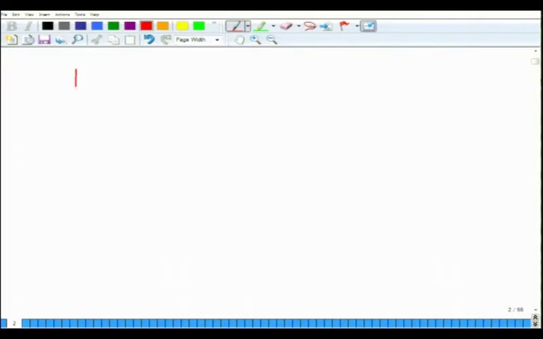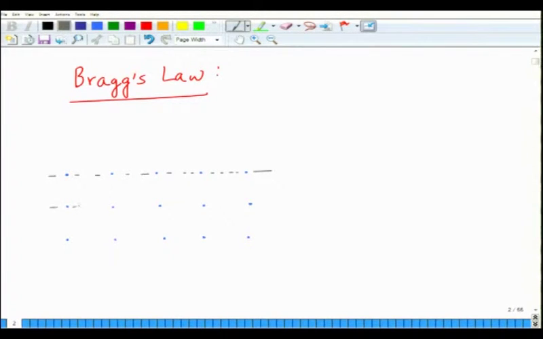So, we begin with Bragg's law. Now, Bragg's law basically, you consider you have these parallel planes of atoms, so let us say this is a plane which is HKL. Okay. And the blue ones are the atoms.